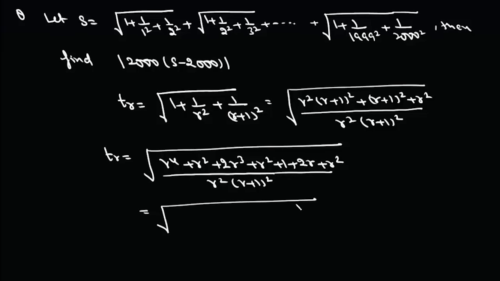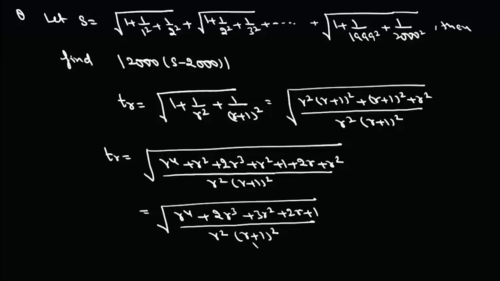Now it is under root of r to the power 4 plus 2r cube plus 3r square plus 2r plus 1 upon r square into (r plus 1) whole square.